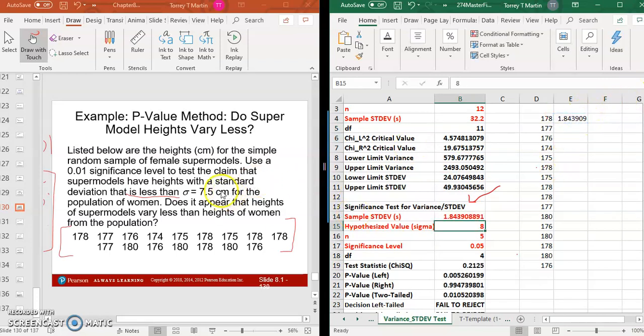Now in the problem, I know that sigma is this guy right here, my hypothesized value, so I'm going to plug in 7.5. And then n, well, I have 16, so I need to change 5 to 16. And then I'm checking with a claim of 0.01, or alpha is 0.01, so I'm going to change that.